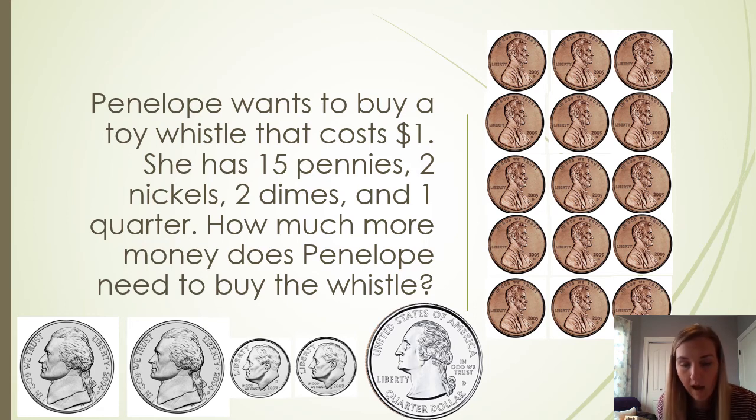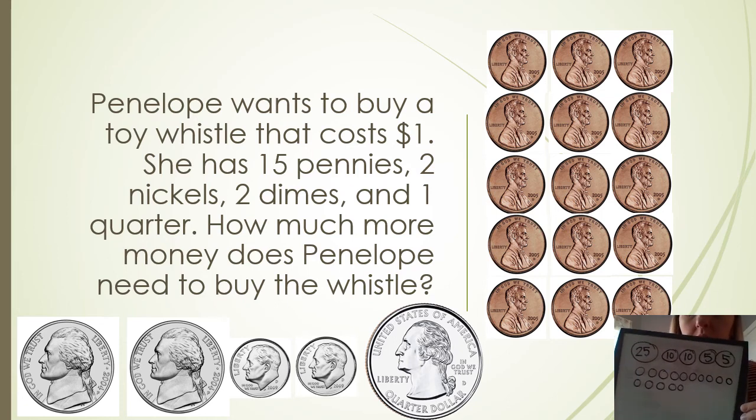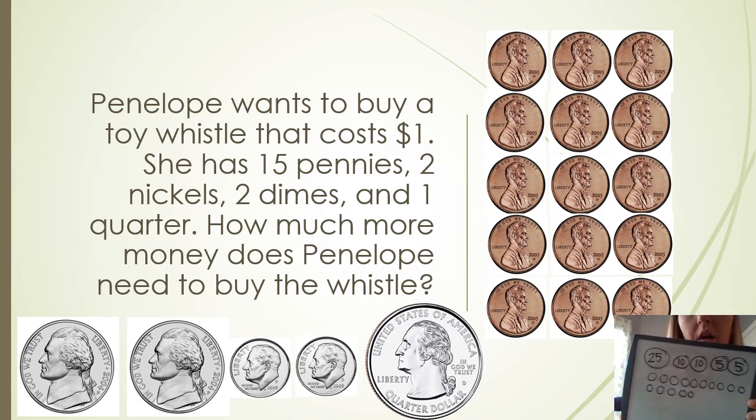All right, so I drew a picture of my quarter, 2 dimes, 2 nickels, and 15 pennies. It's easier to count them from biggest to smallest. Let's see if you can count with me to find out how much this equals.